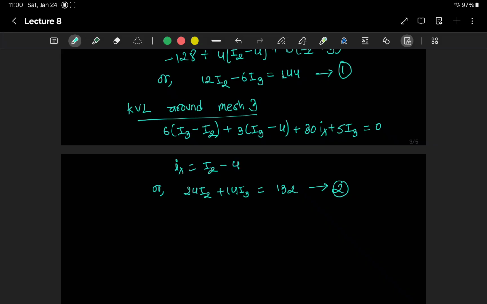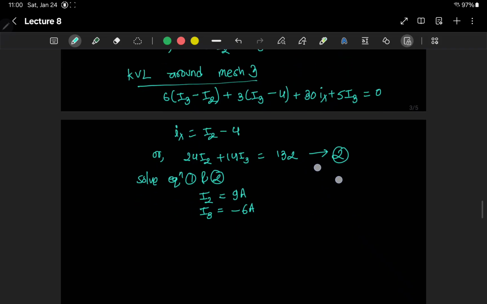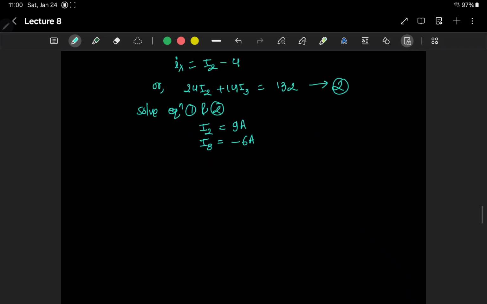Now we have only 2 equations and 2 unknowns, so we can just solve equations 1 and 2. You can do matrix or you can simply do it manually because we only have 2 unknowns. This gives the values of I2 is equal to 9 ampere and I3 is equal to minus 6 ampere. Now we are asked to find the power developed by the 4 ampere source.